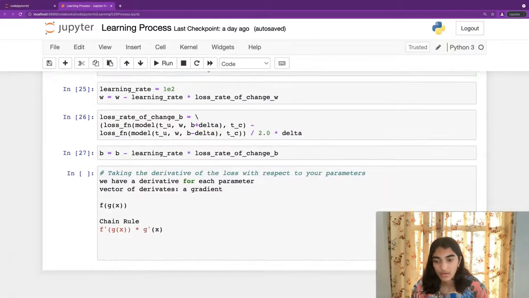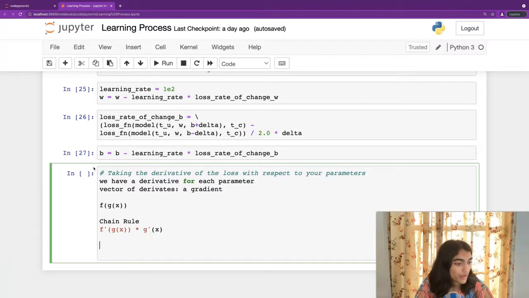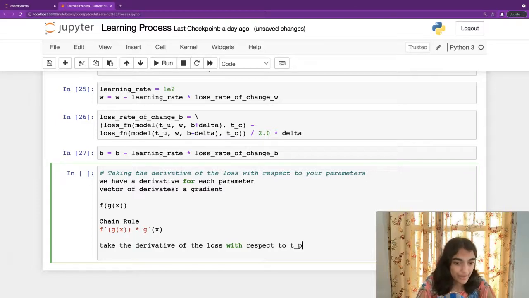So this is what we have to do first: take the derivative of the loss with respect to TP, its input, and multiply it by the derivative of g of x, which in our case is the derivative of the output, TP, the intermediate portion, with respect to its input, which is the parameters.